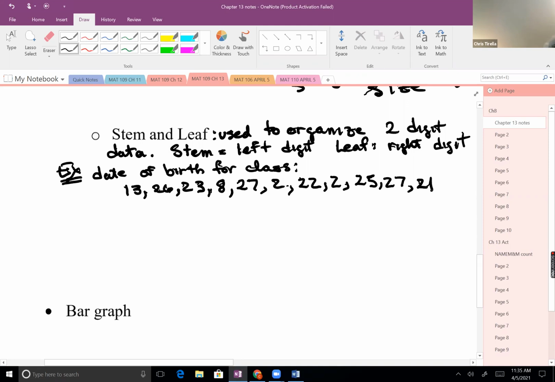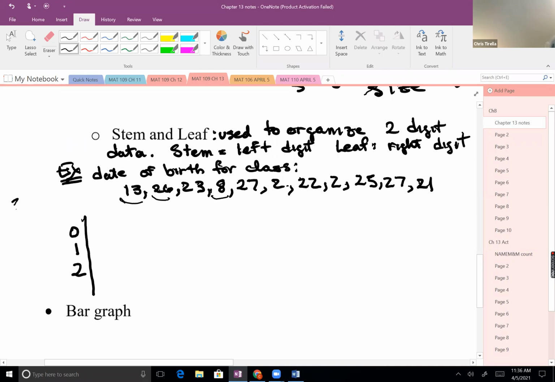So as we look at these, if we're looking at them as two-digit numbers, does everybody see we've got 10s, 20s, and then just the single digits? And so for my stems, I put 0 for my single digits, 1 for the numbers in the 10s, and 2 for the numbers in the 20s.